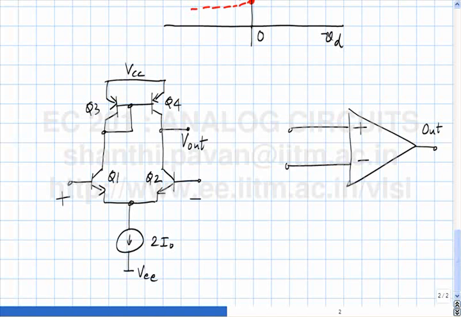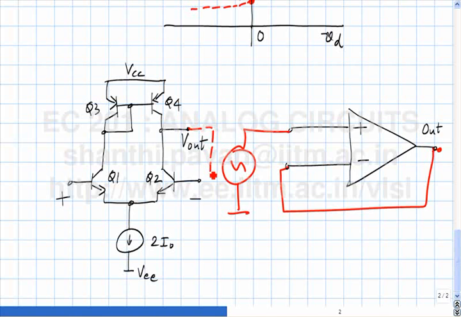So with a unity follower, we need to connect the output to the input like this. We will apply a sine wave here, and hopefully out must come a sine wave. Correct? So let me see, what should I do here? Connect Vout to that, that's what this is.